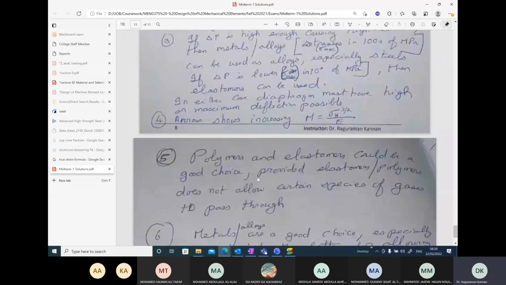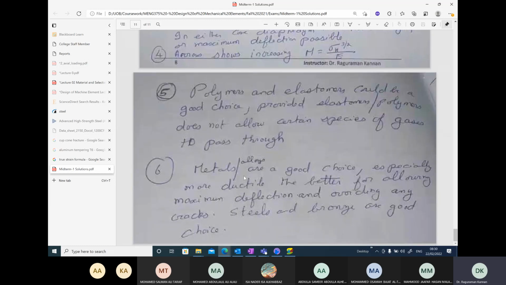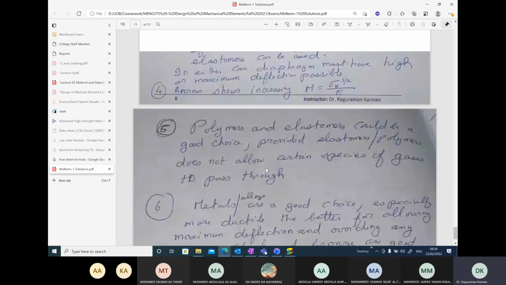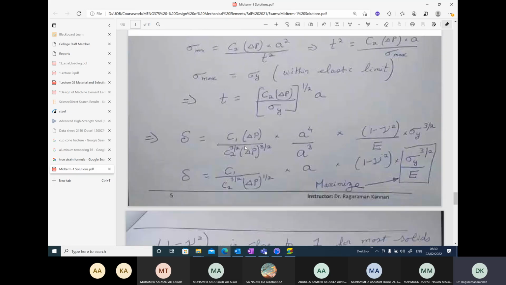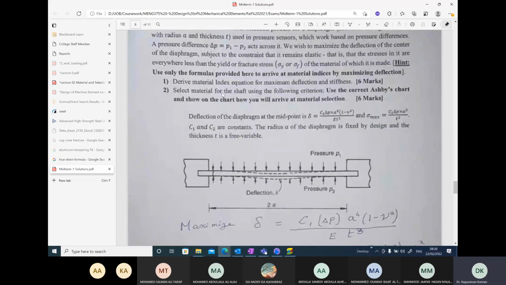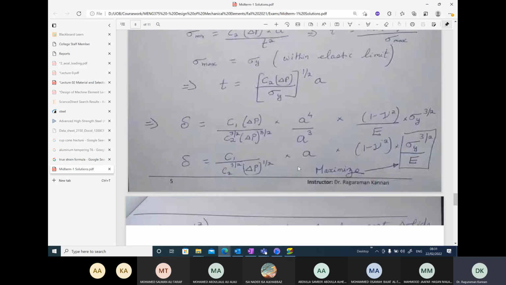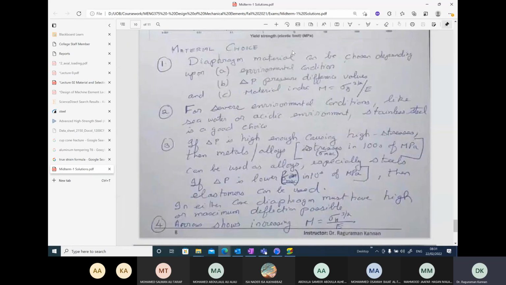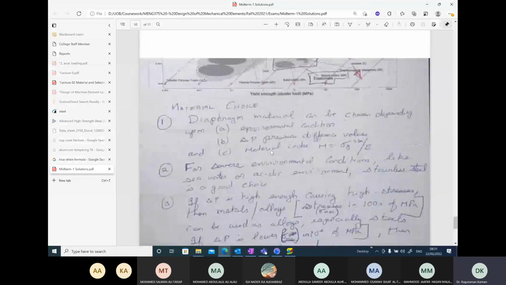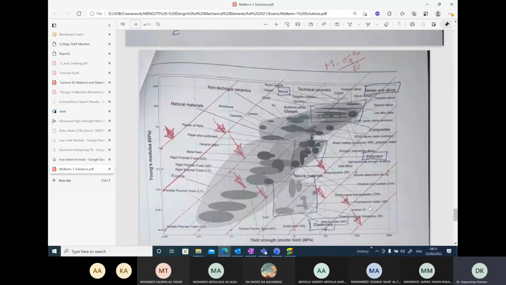Go through this problem and try to understand how the material indices are derived and how we select materials. You are asked some questions again. If you go through these questions, you are asked to select the material of the shaft using Ashby's chart, and you are asked to give the reason why you selected a particular material, and again it is listed based upon what the reason is for selecting particular materials.